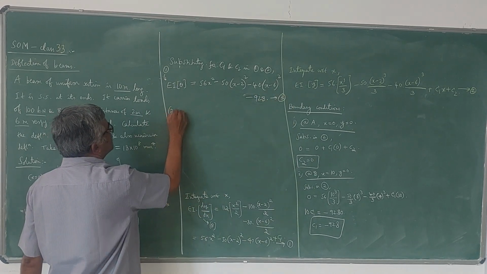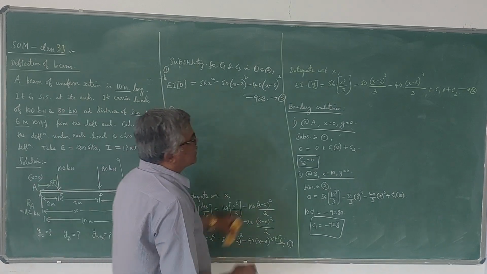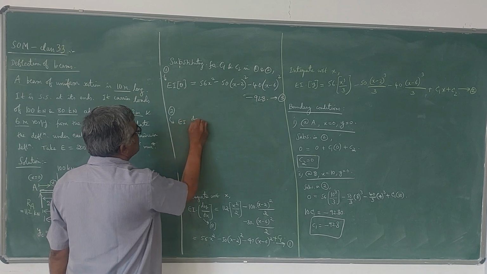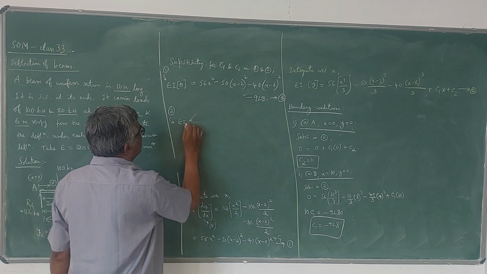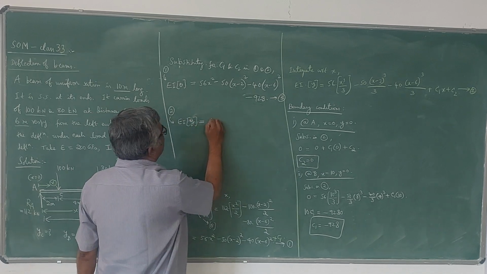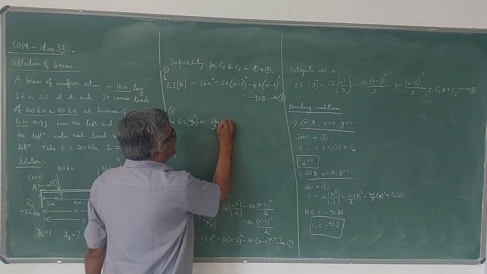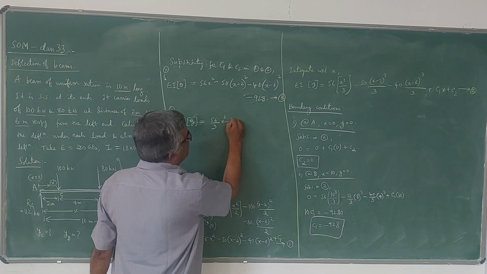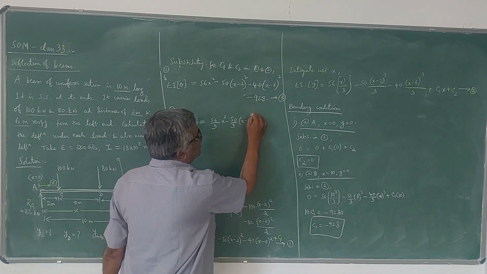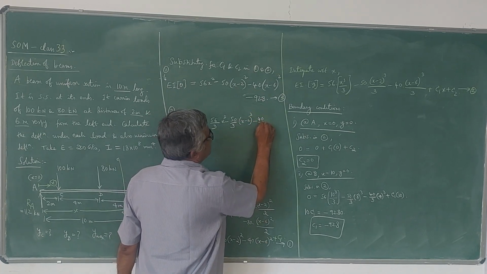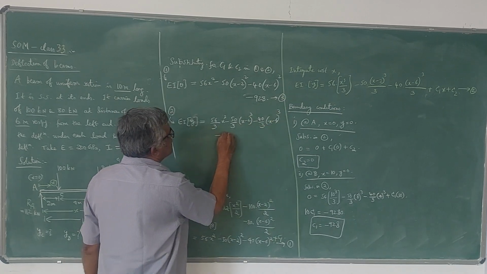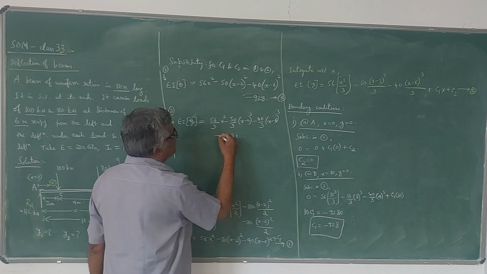Similarly, if you substitute for C1 in equation 2, that is deflection equation, you will get EI into y is equal to 56 by 3 x cube minus 50 by 3 x minus 2 whole cube minus 40 by 3 x minus 6 whole cube minus 928 x plus 0.